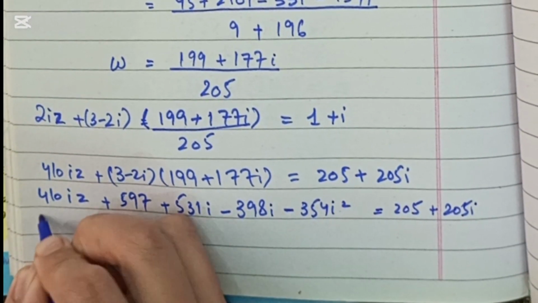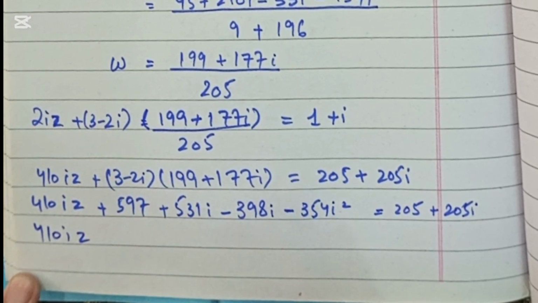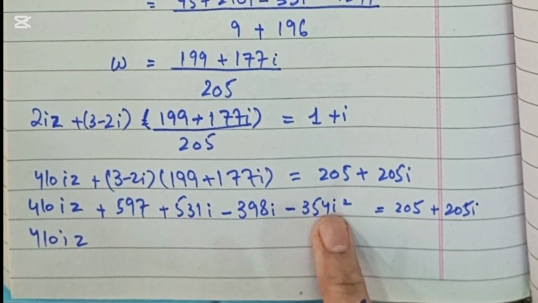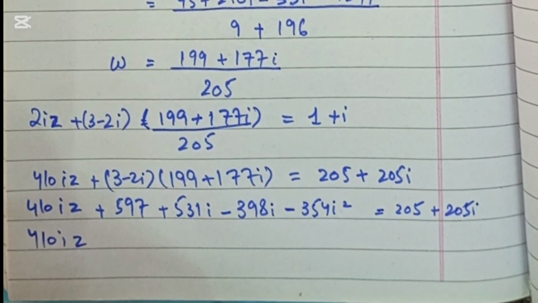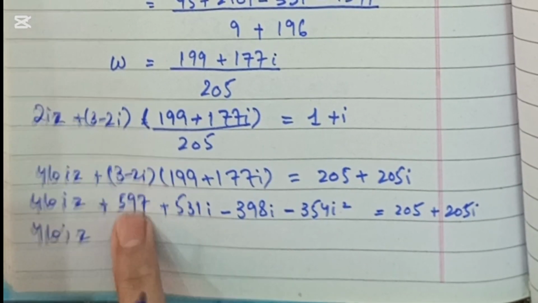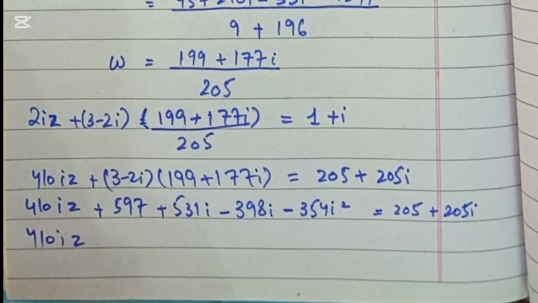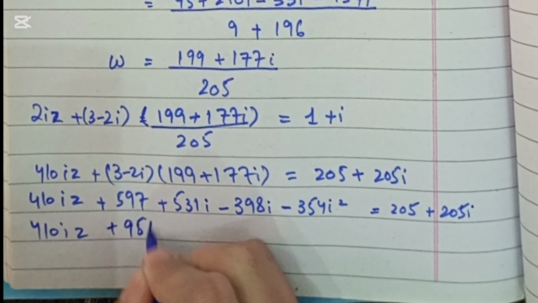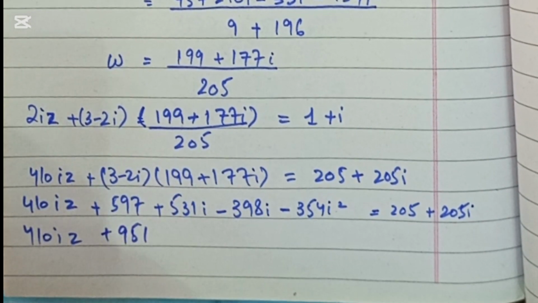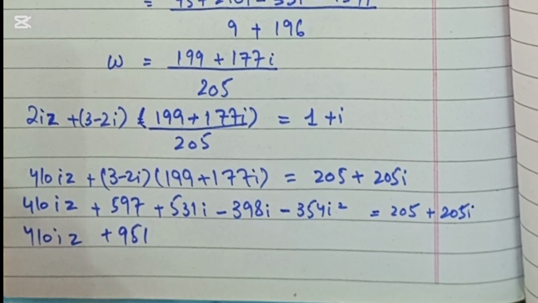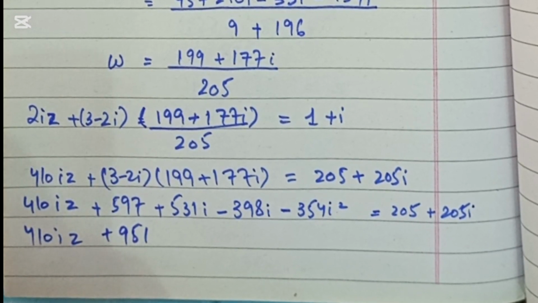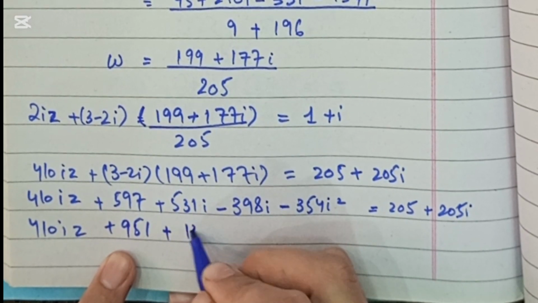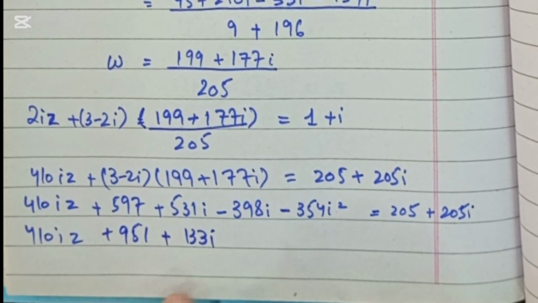Okay, so here we go with the terms. Iota square will change the sign again. So 597 plus 354 is 951. Now these two terms, 531 minus 398 is 133 iota.